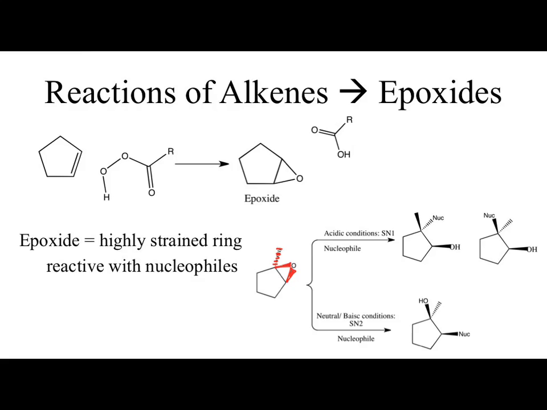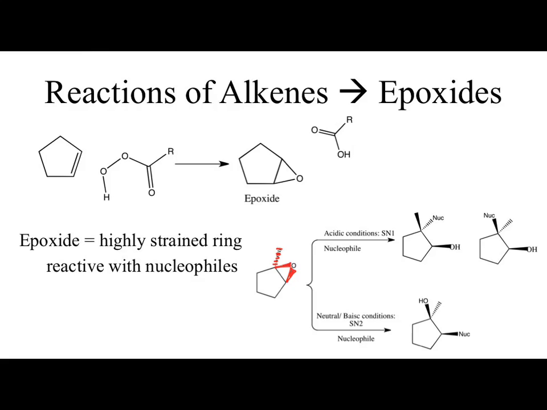Top carbon with the methyl group, bottom carbon with the hydrogen. The bottom one with the hydrogen, because it has the least amount of steric hindrance. So under basic conditions, my nucleophile, oh crap, put it on backwards. The nucleophile is going to come in and attack the bottom one, where our alcohol will end up being on our product.